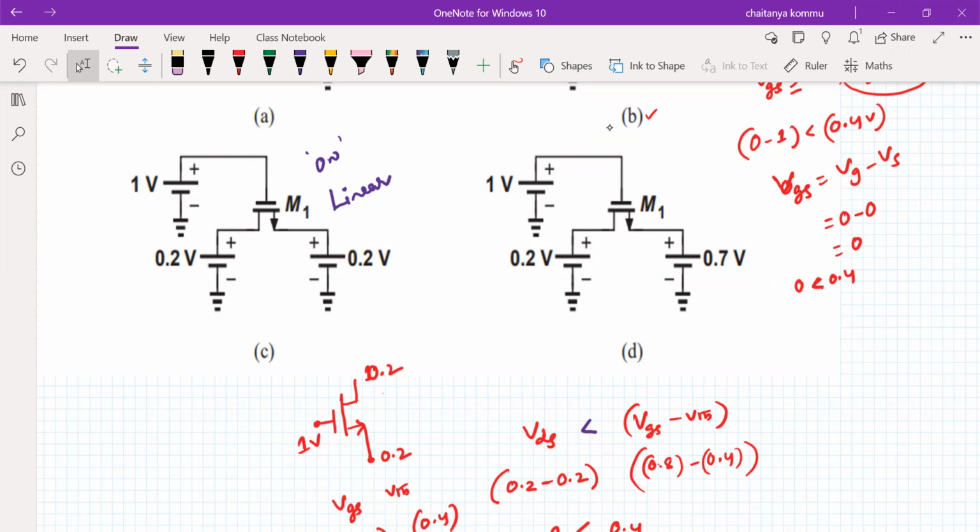Someone from the class, please respond through the chat box. It is in saturation. Please verify once.